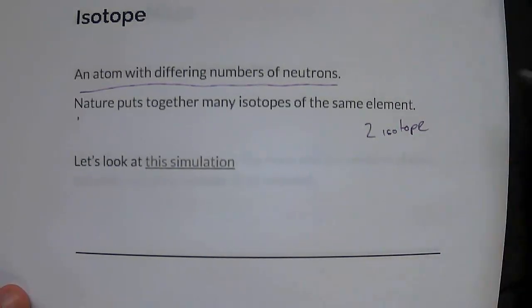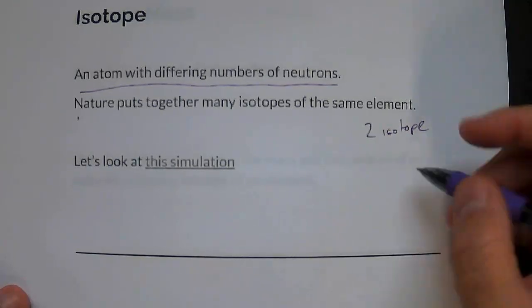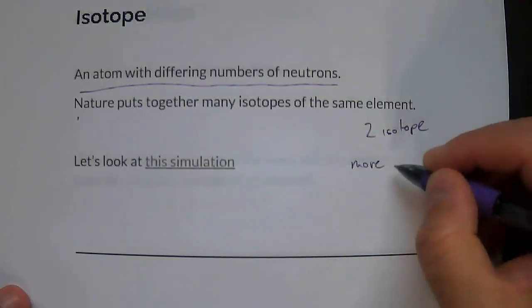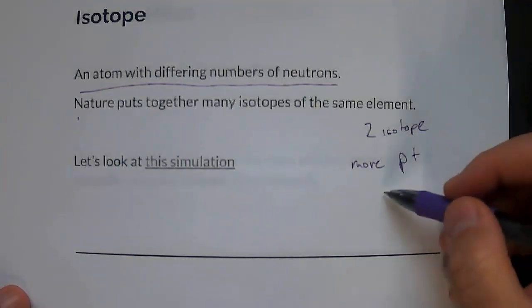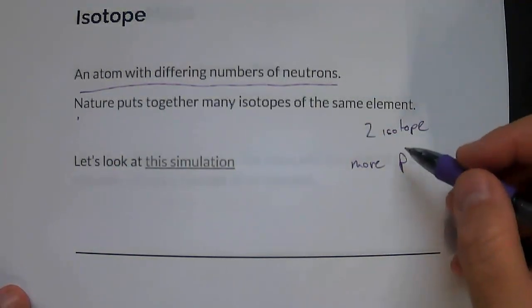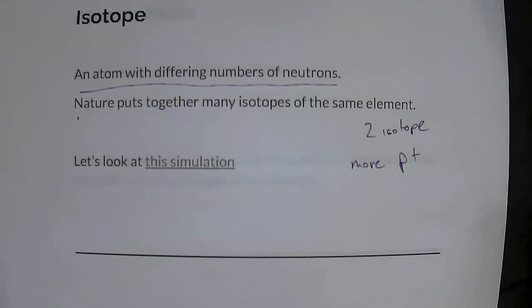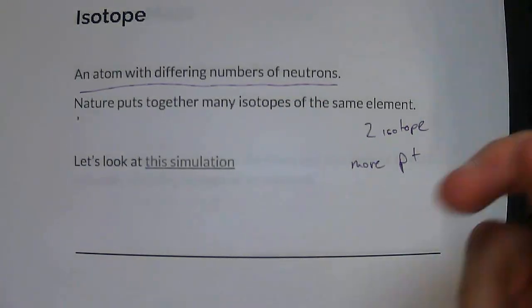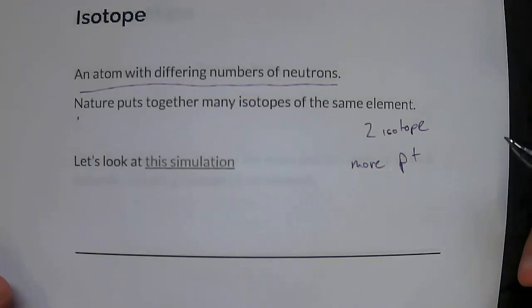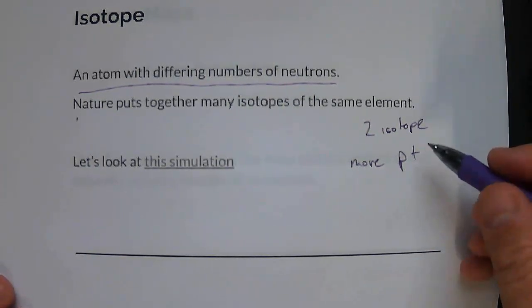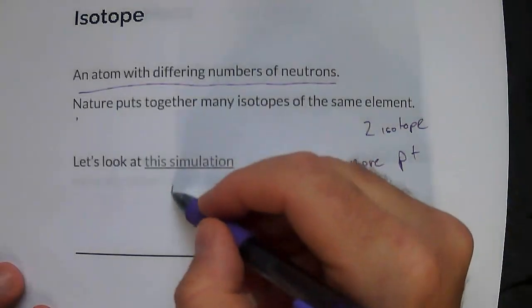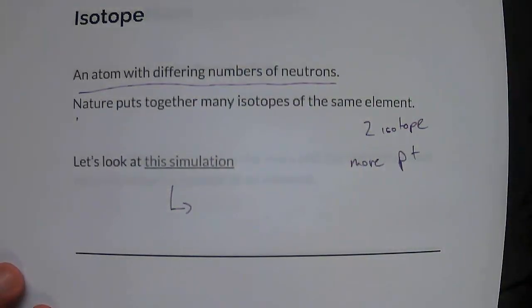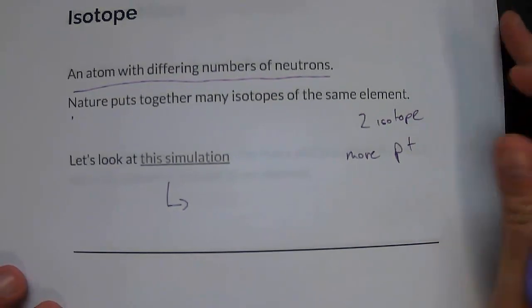But the heavier the element, meaning the higher the atomic number, the more protons, the more likely it is that you're going to have more combinations of neutrons that are stable. While I'm not going to show you the simulation in the middle of this video, you can definitely go to it. I'll put the link in the description.